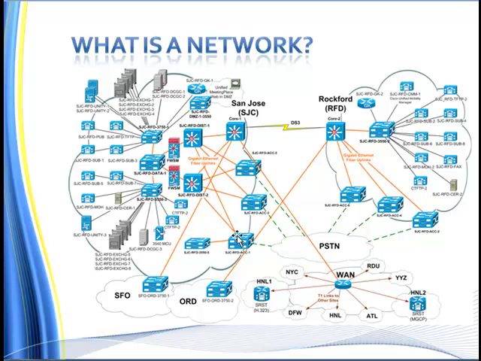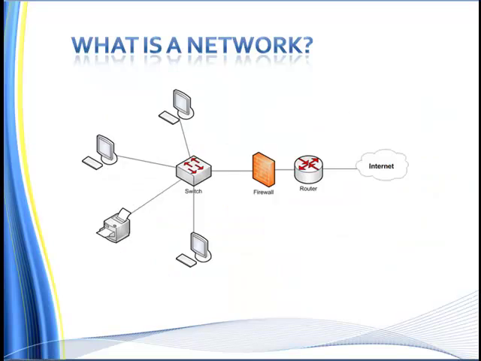So this is a network that eventually you may get yourself involved with, and you're going to need to understand all these different pieces and parts. But realistically, here's the basic network. We have a switch, a firewall, and a router, and it all connects our networks and our workstations out to the internet.